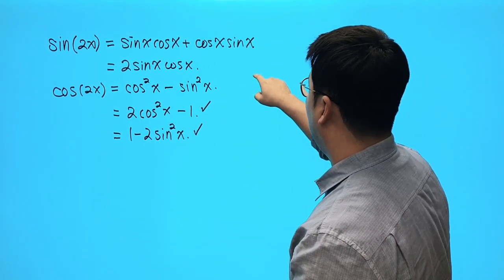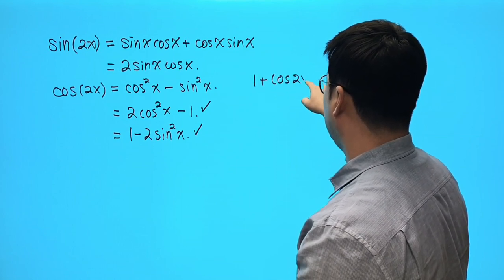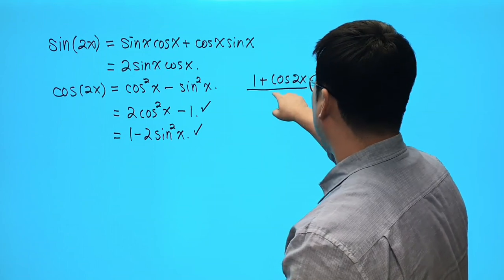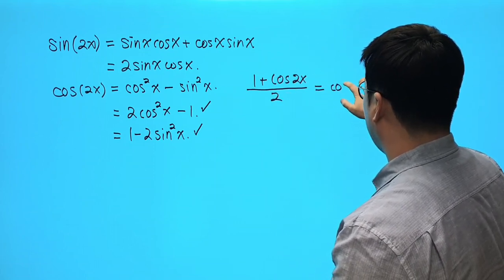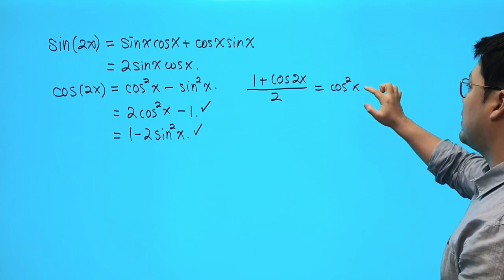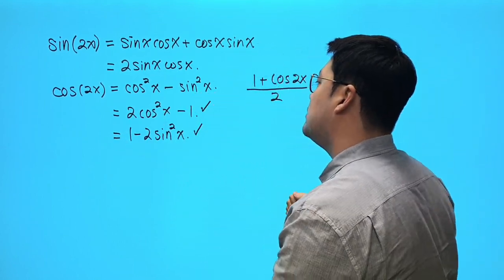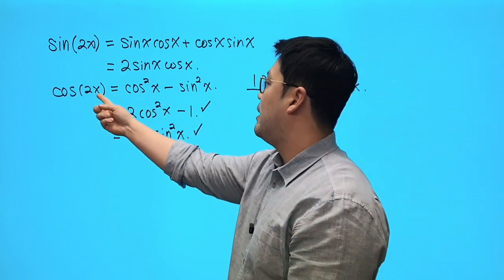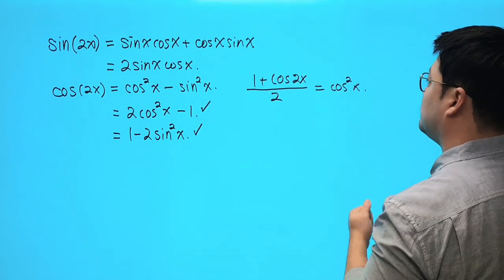We have 1 plus cosine 2x. If I divide it by 2, we end up getting cosine squared x. As you can check from the second to last equation, if I just simply add 1 and use some algebra, we can find it in this form.